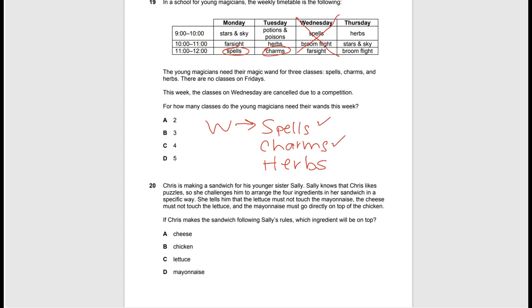Let's do herbs. No herbs on Monday. 1 herb on Tuesday, and 1 herb on Thursday. So when adding this up, we have 1, 2, 3, 4 circled. So for 4 classes the young magicians need their wands. So the best answer for question 19 is C.